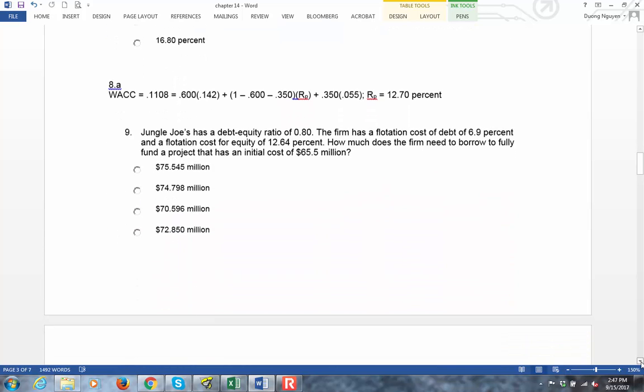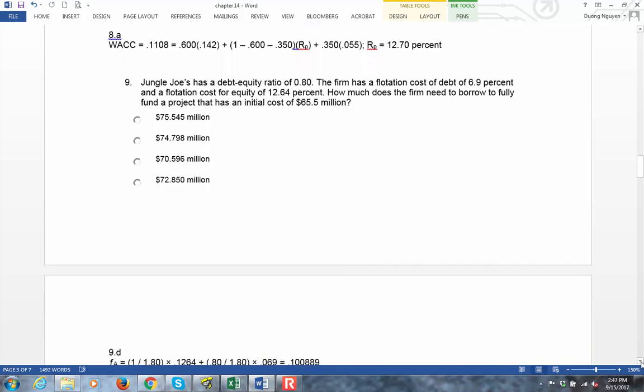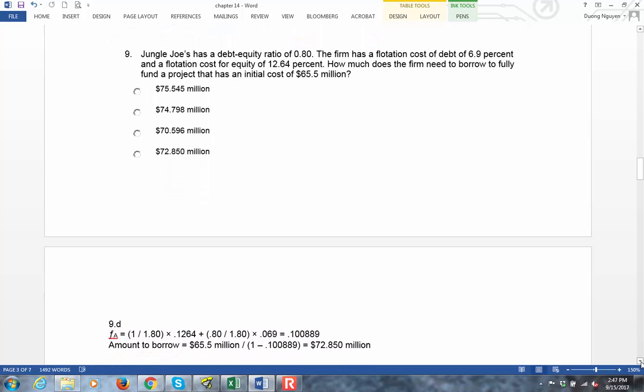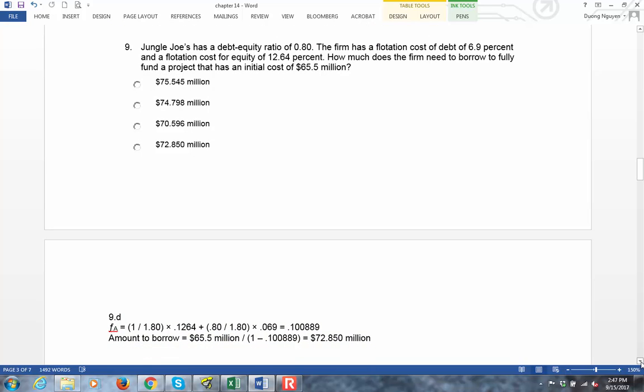Number 9. Debt equity ratio of 0.8. Okay, and the firm has a flotation cost of 6.9% for debt and 12.64% for equity.